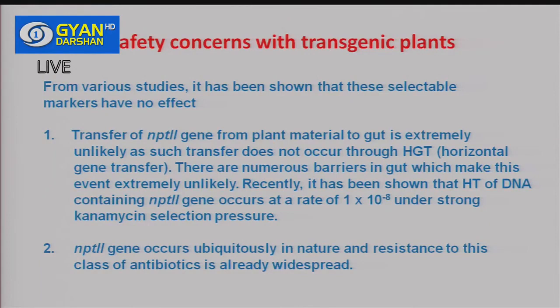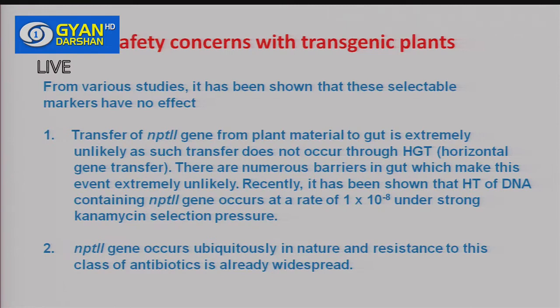But scientists have seen from various studies that horizontal gene transfer from the plant material to the gut is extremely unlikely. It's very, very unlikely that from the plant it will enter into your system, okay? Because there are different intestinal barriers. We have an alkaline pH, and in the stomach, it is acidic pH.